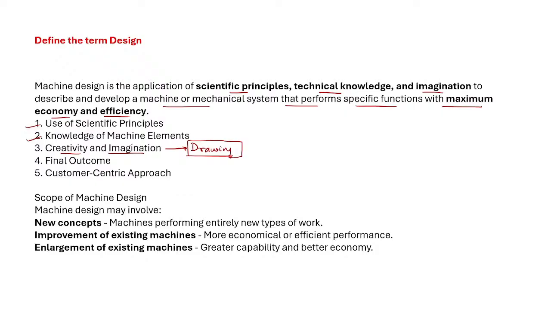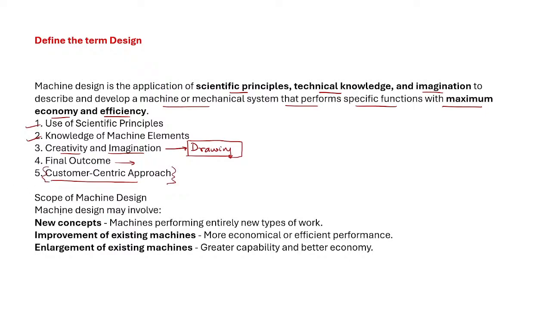Next is, what is the final outcome? The final outcome is, is the machine serving the purpose, or the component that has been fabricated, is it serving the purpose or not? Next, all these things that have been done, that is steps 1, 2, 3 and 4, are done by keeping the customer at the center. That is a very important parameter.